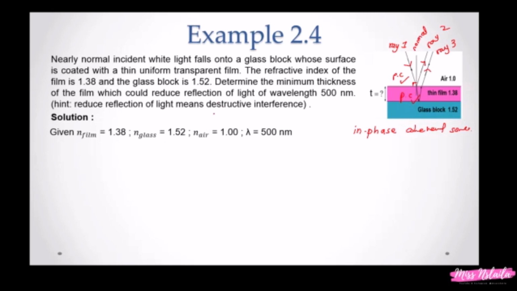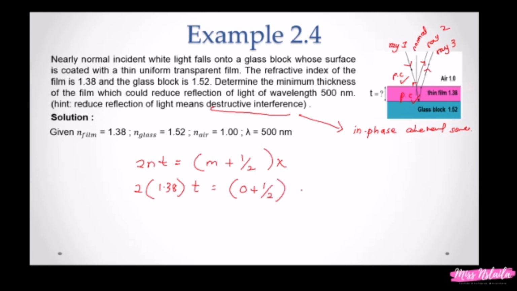Determine the minimum thickness of the film t which could reduce reflection of light. So this means we want to look at the dark part. The equation for destructive interference for in-phase coherent source is 2nt equal to m plus half lambda. n is the refractive index of the thin film, 1.38, and the thickness is what we want to find. For m, if you want to look at the dark side, substitute m equal to 0, plus half, times the wavelength which is 500 nanometer.